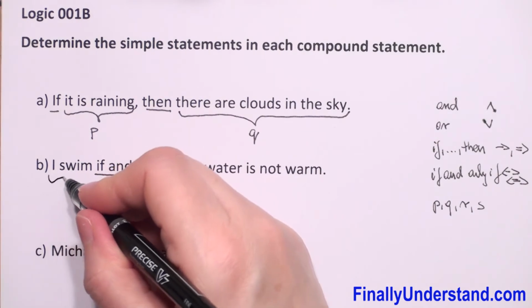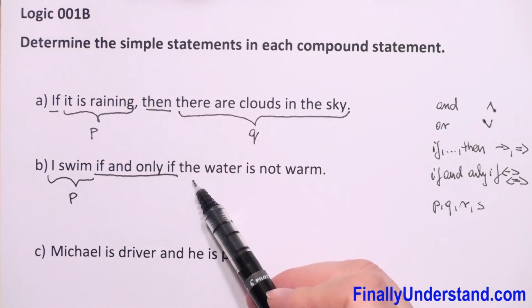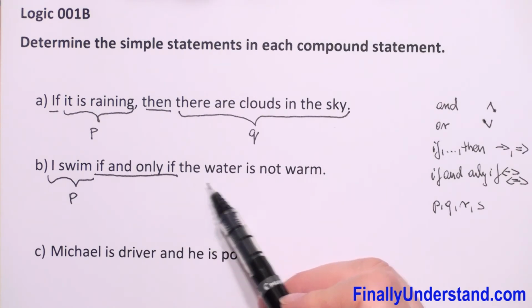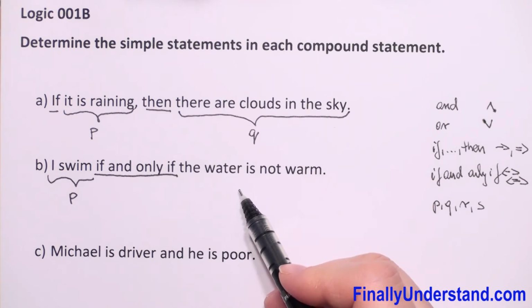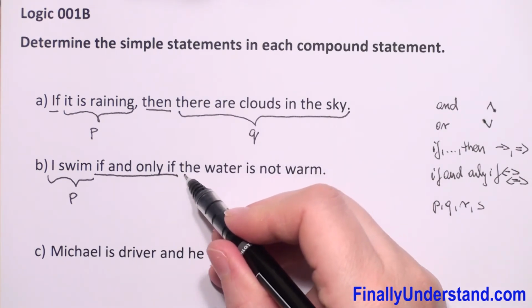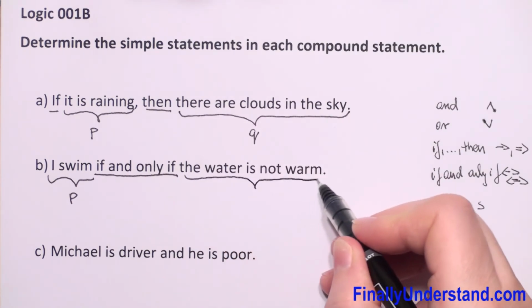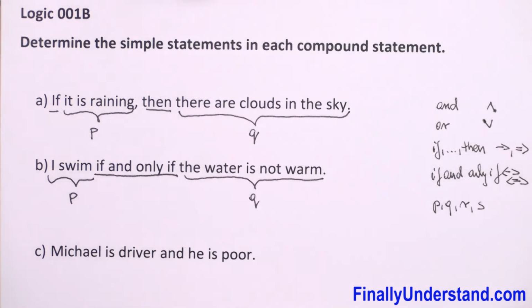Let's put that this is our P. And second we have the water is not warm. We can always say that this is true or not. So this is our second simple statement. I just put that this is Q. Okay, next example.